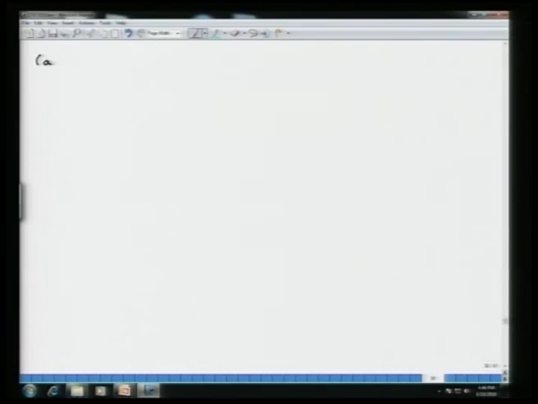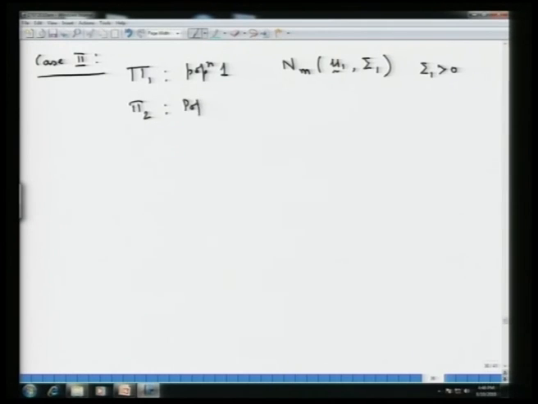Now, we had in the first case looked at the situation where the two multivariate normal populations had the same covariance matrix, only differing by the mean vector. Now, let us look at a more general setup: the pi 1 population, which is population number 1, is a multivariate normal population with mean vector mu1 and covariance matrix sigma 1, assumed to be positive definite, and pi 2, the second population, is also a multivariate normal population with mean vector mu2 and covariance matrix sigma 2, also assumed positive definite.